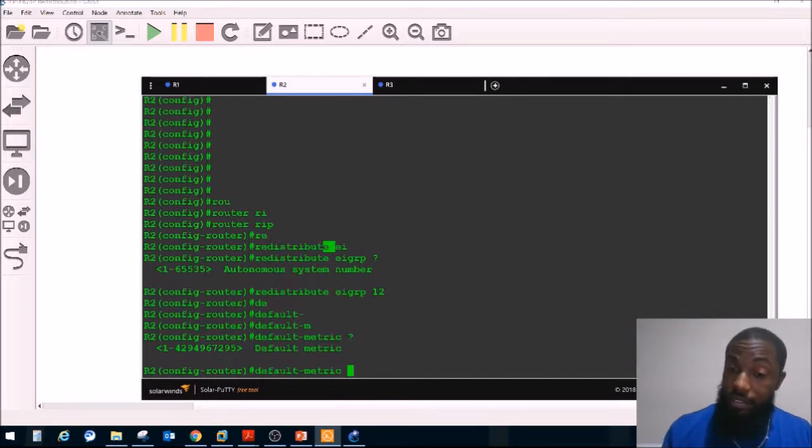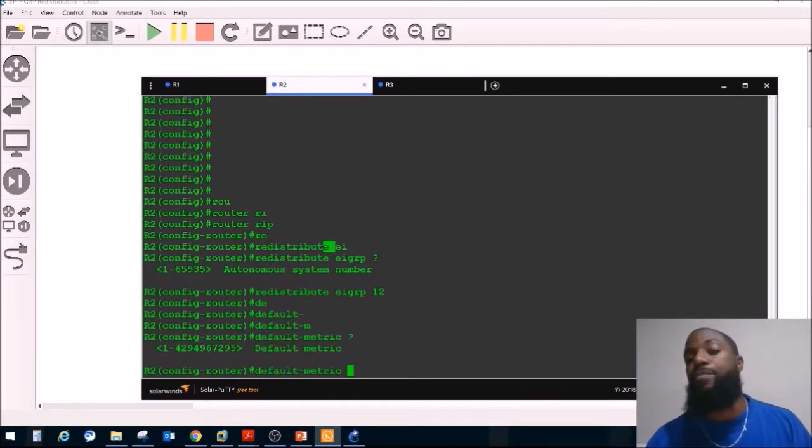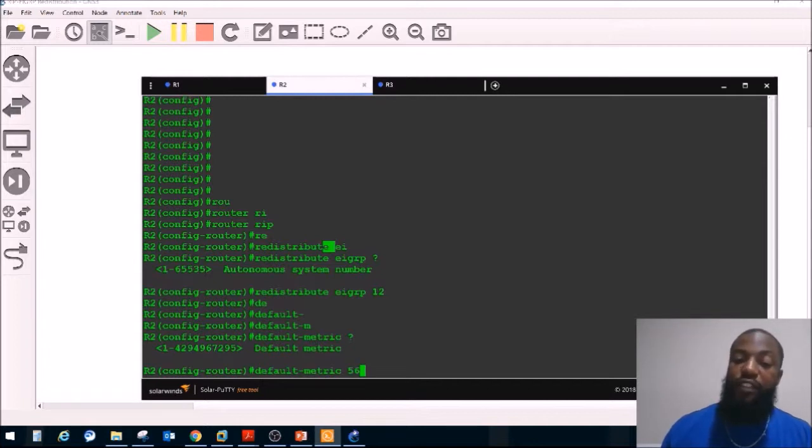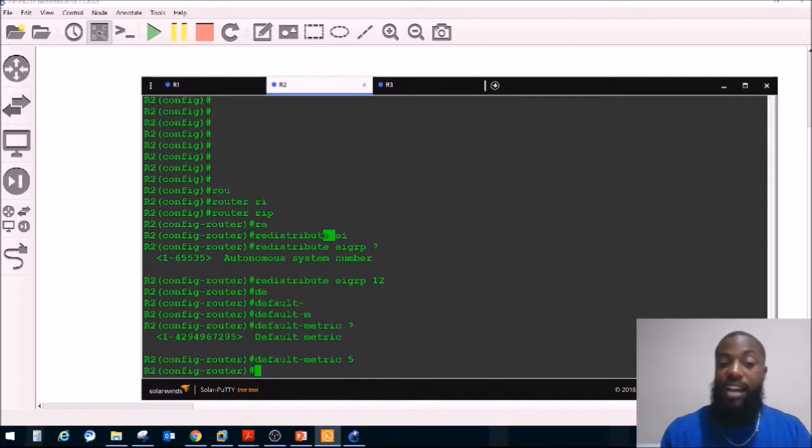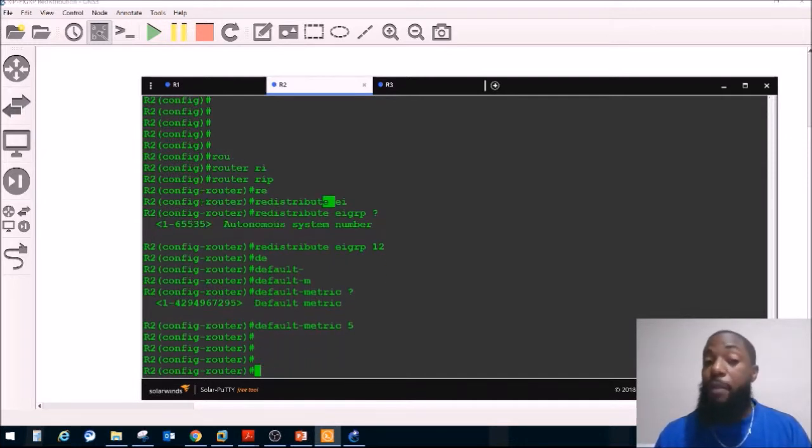It's hop counts, right? Maximum is 15 hop counts. Let's just lie to this router and say any RIP routes you learn, they're 5 hop counts. So we're saying the default metric is 5. I almost typed 56 there. So now we're saying the default metric is 5 hop counts. We're essentially lying to router 3.